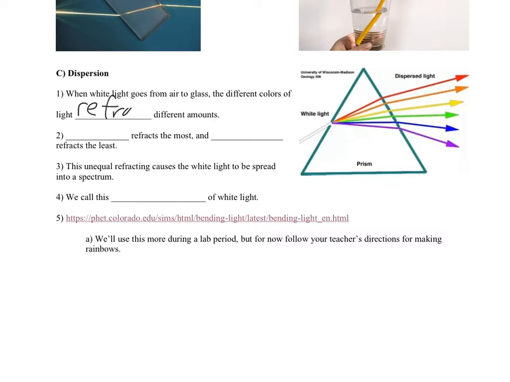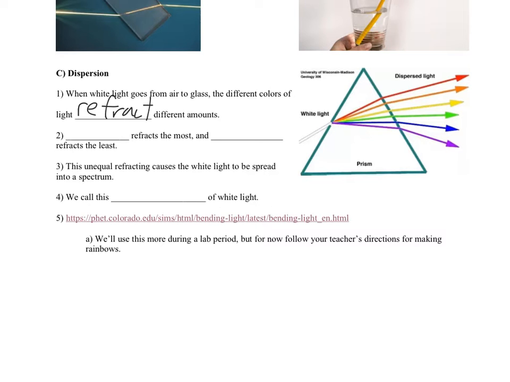On your reference table, the indices of refraction given are for yellow light, because that's kind of the middle color and middle amount of refraction. But all colors actually refract a little differently, so there is a different index of refraction for every color. That's beyond the scope of this class, though. Not really something you need to know aside from its application in dispersion. You just have to know what dispersion is.